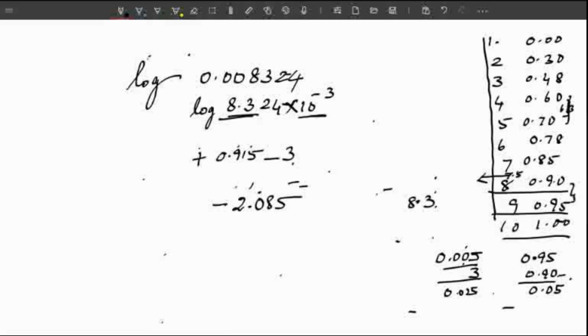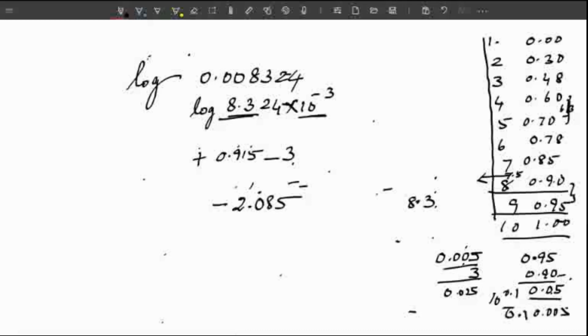For 0.1 decimal, how much is the increment? The difference between these two is 0.05. This is for 1 decimal. 10 into 0.1. Therefore, for 0.1 decimal, the value is 0.005. This is the value for 1 decimal, we have already worked this out.